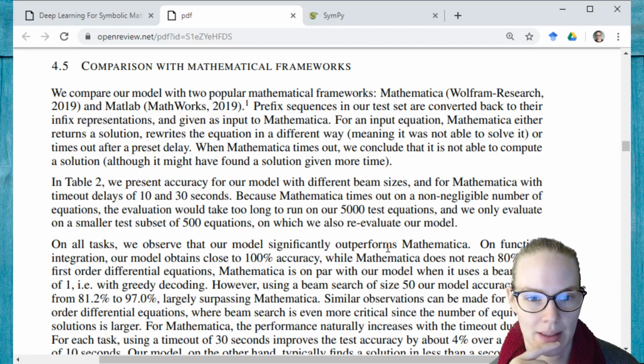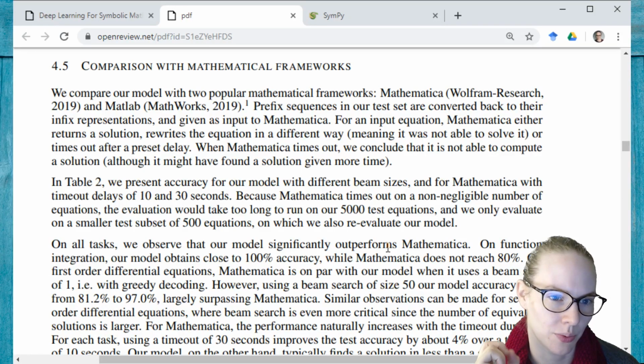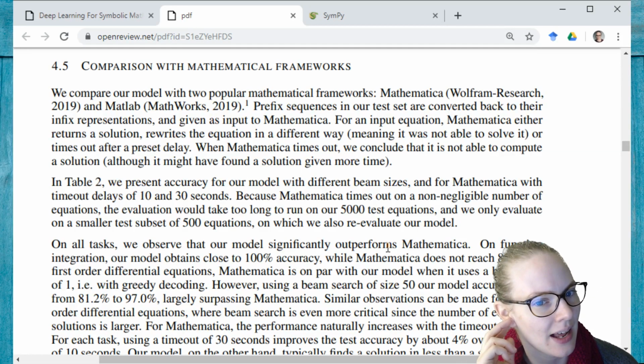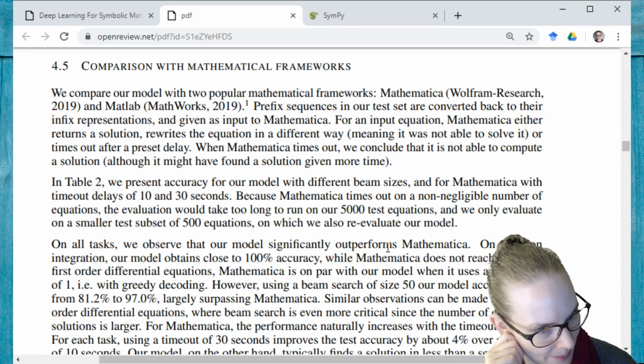For an input equation, Mathematica either returns a solution, rewrites the equation in a different way, meaning it was not able to solve it, or times out after a preset delay. When Mathematica times out, we conclude that it is not able to compute a solution, although it may have found a solution given more time.